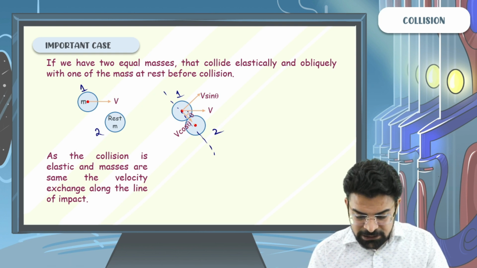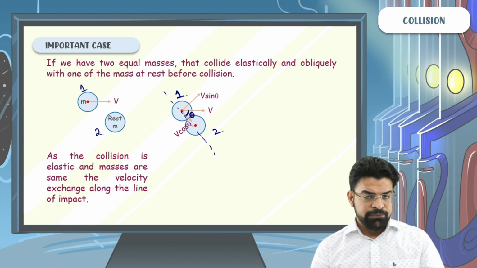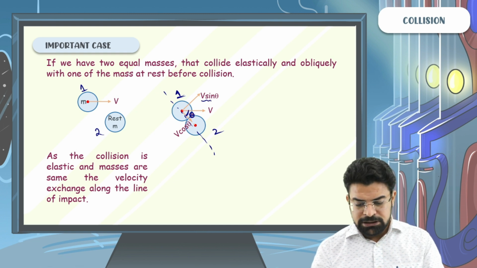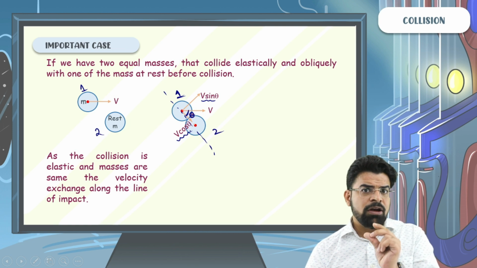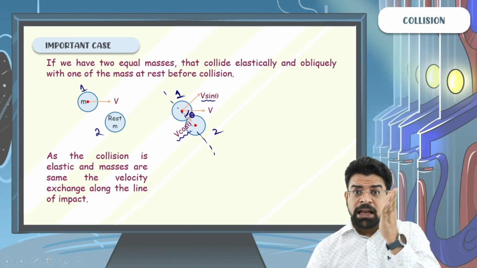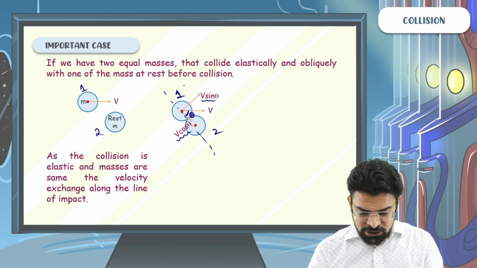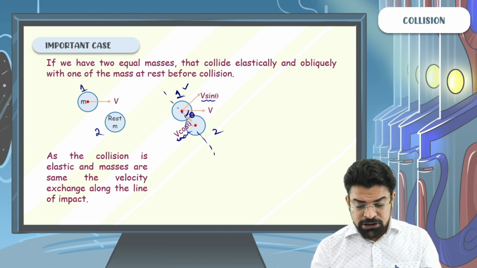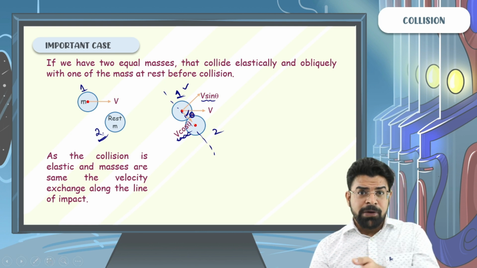Let's say the line of impact makes an angle theta with the velocity of 1, then you can break down the velocity of 1 into components, v sin theta and v cos theta. I ask you, what is the velocity of 1 along the line of impact just before the collision? You will say, sir, the velocity of 1 along the line of impact just before collision is v cos theta.